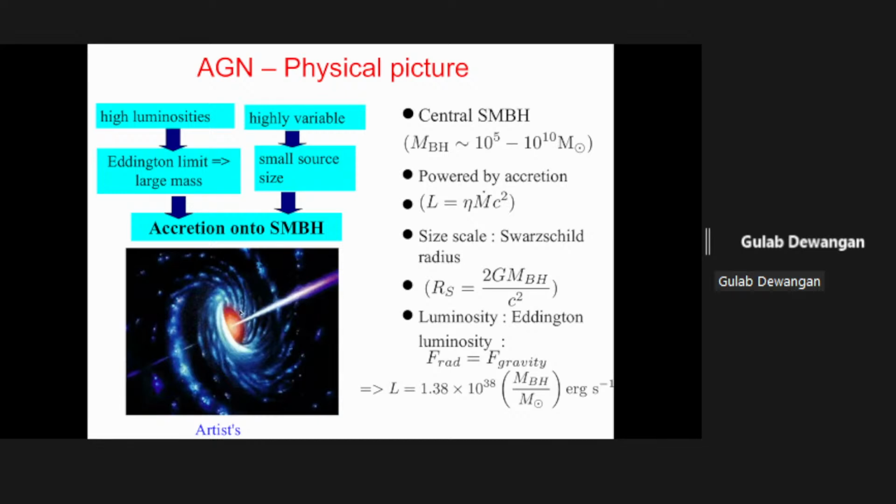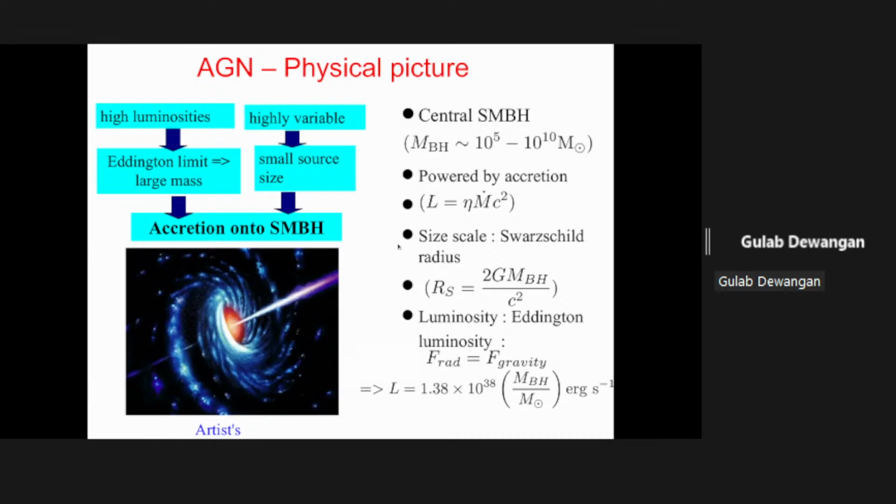This is just an estimate of mass, but there are other, much more accurate techniques to measure black hole masses in active galactic nuclei. We will not go into the details.